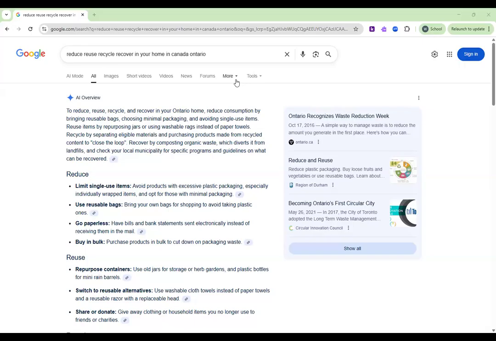When I was growing up, there were only 3: reduce, reuse, recycle, but now we talk about recover. So reduce is reducing consumption of items, not using as much of something or choosing something that has less packaging, buying in bulk, that type of thing. We're going to go through some examples in a minute.